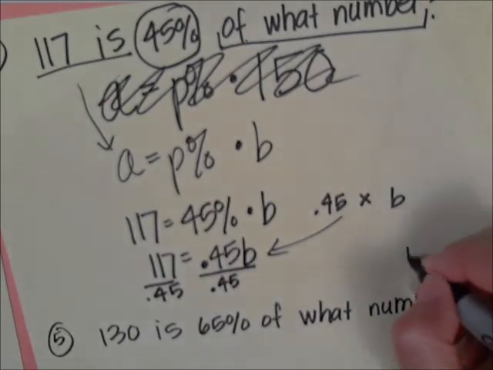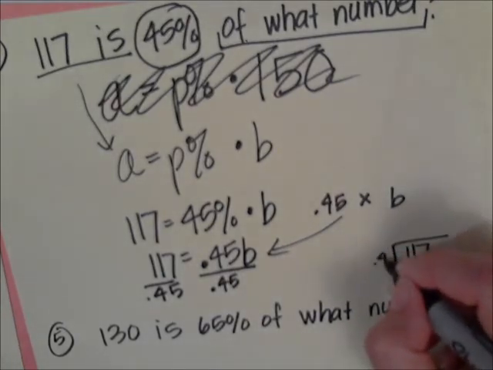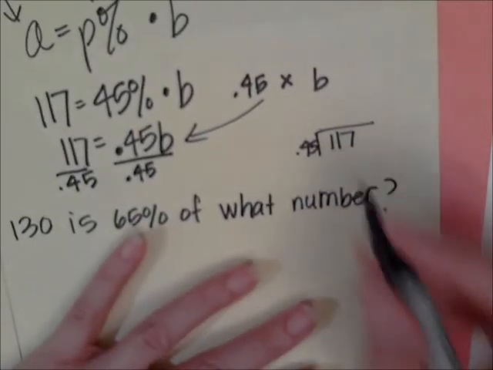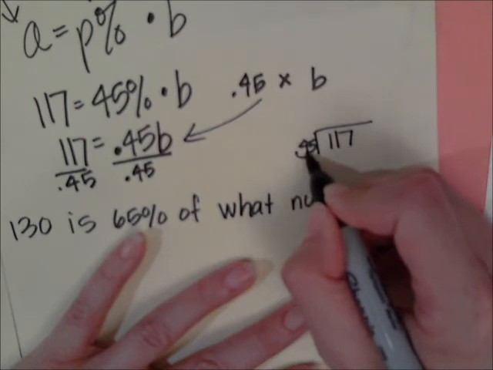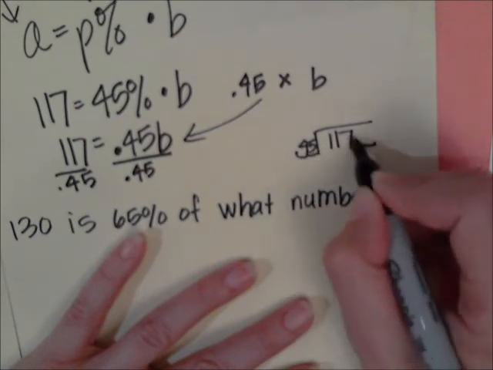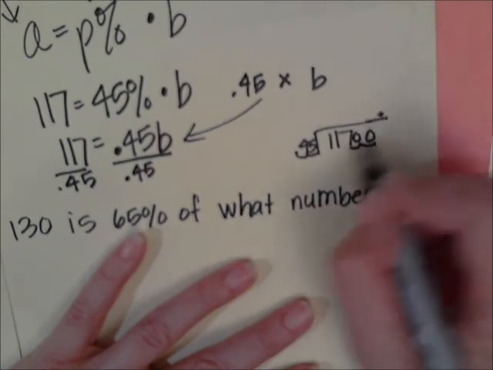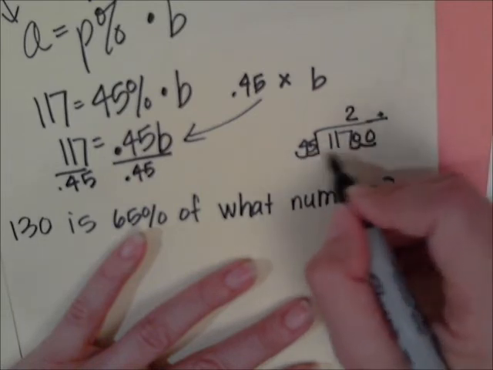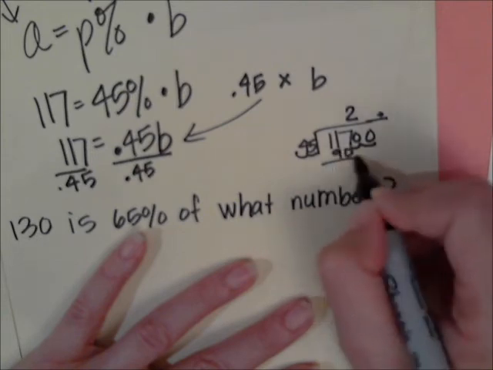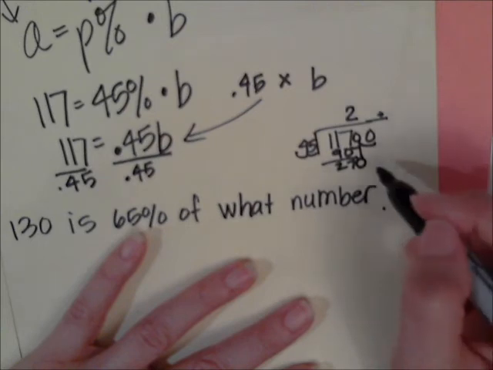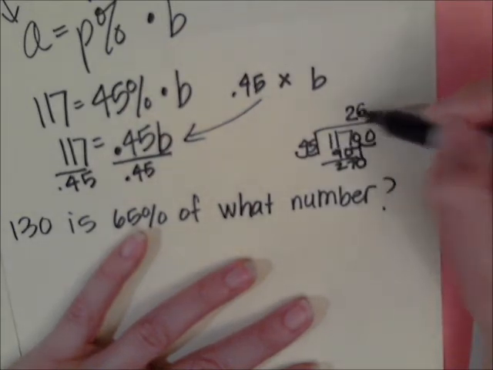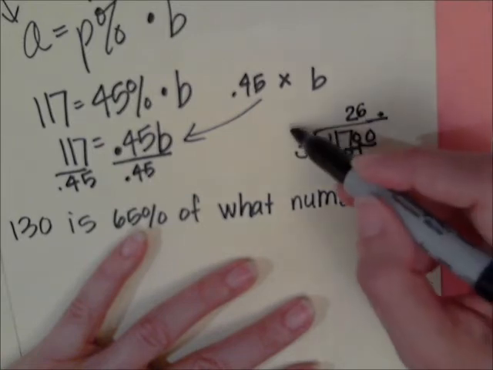So let's do the math here. 117 divided by 0.45. Okay, so here is my long division. First of all, I move this over 2 times. So 45 into 117 is 2 times. That is 90. 27. 45 goes into 270 six times. 6 times 5 is 30.